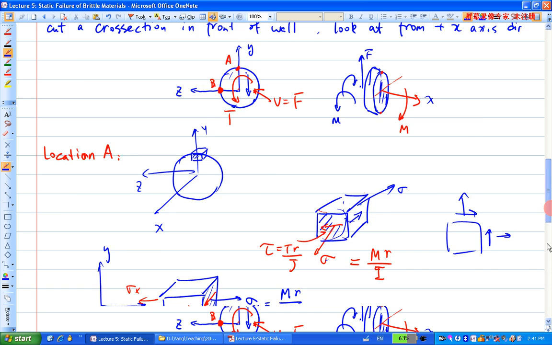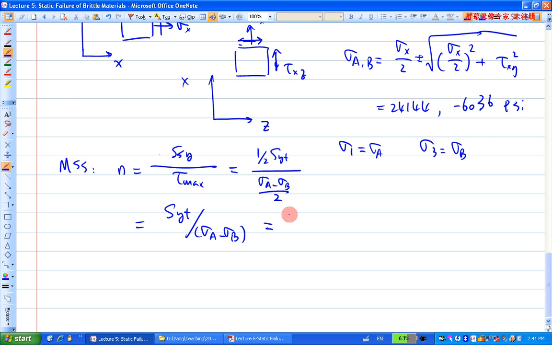Okay, it's ductile. So plug in everything here and do the calculation, and that's approximately 1.6.